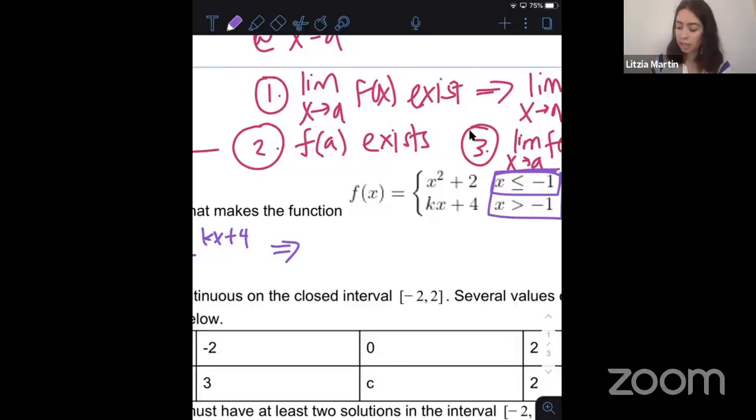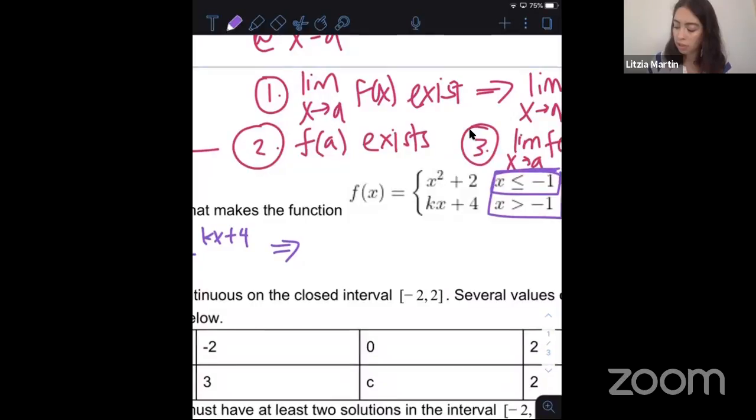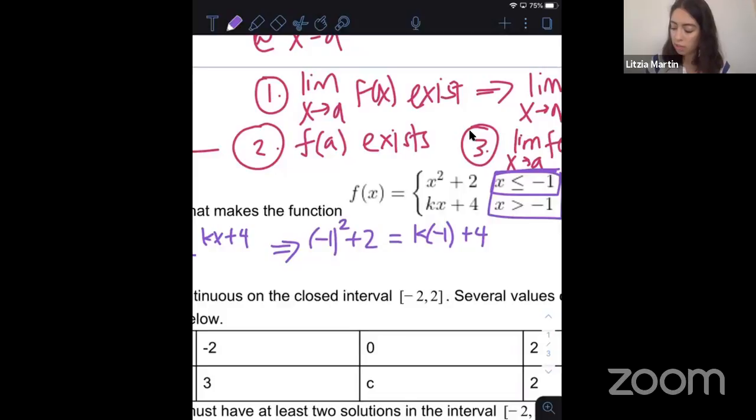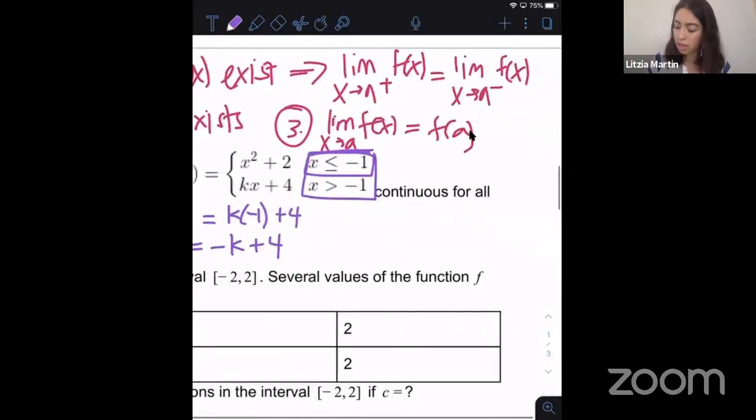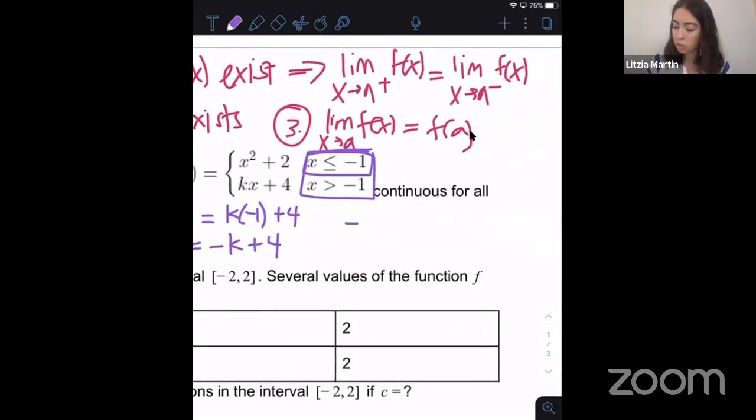This is just -1 squared plus 2 equal to k times -1 plus 4. So now we have an equation where we can just solve for k. This is 1 plus 2, which is 3, equal to -k plus 4. Subtract the 4, we get -1 equal to -k. So k equals 1.